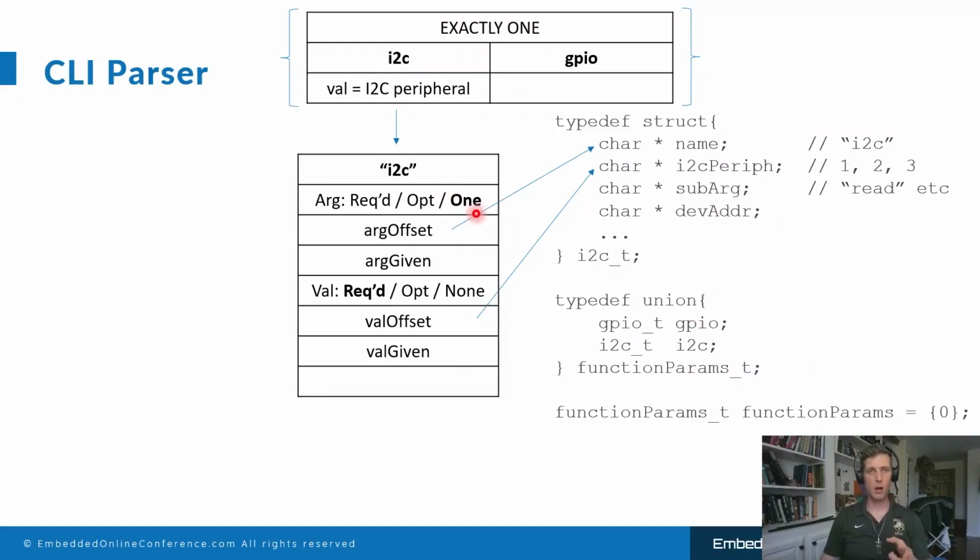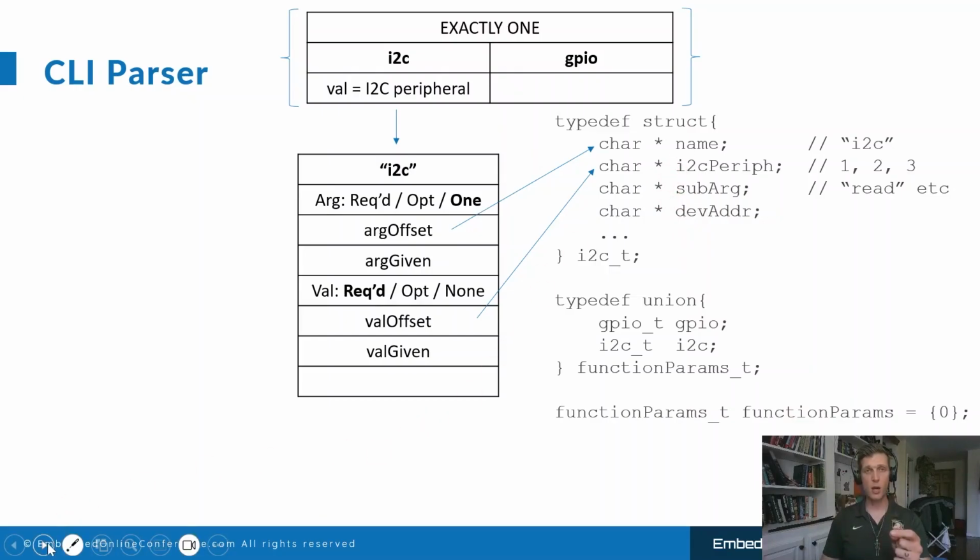And so in my argument struct, I've got offset values that describe where in either the I2C or the GPIO struct to copy the information, and then I can pass that function params object into my function and have it reference the correct value.